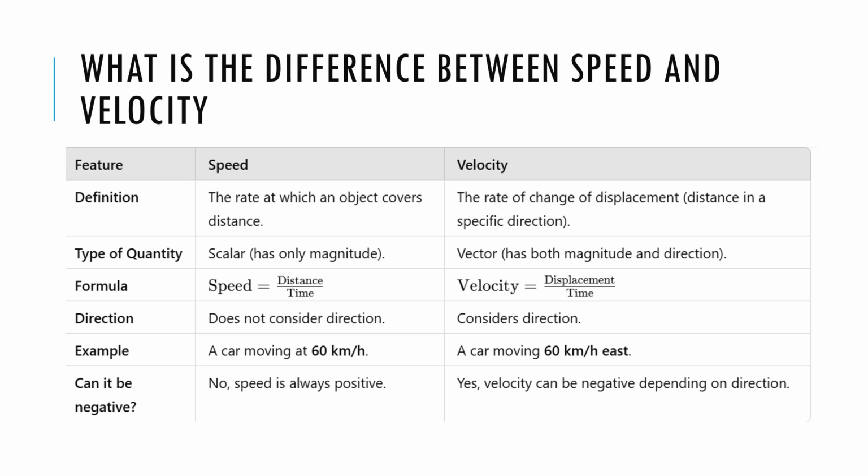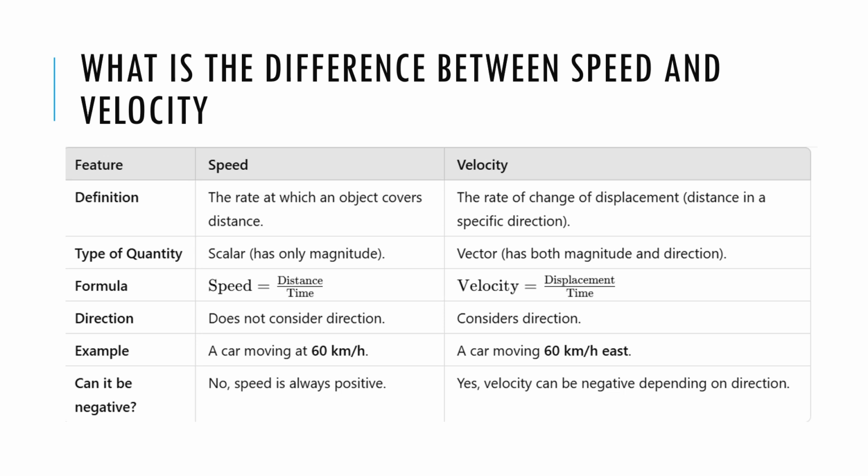Velocity is the rate of change of displacement, or distance in a specific direction. Displacement is distance in a specific direction. The rate of change of displacement is velocity. The rate of change of distance is speed.